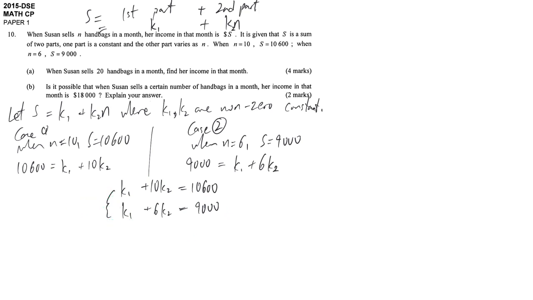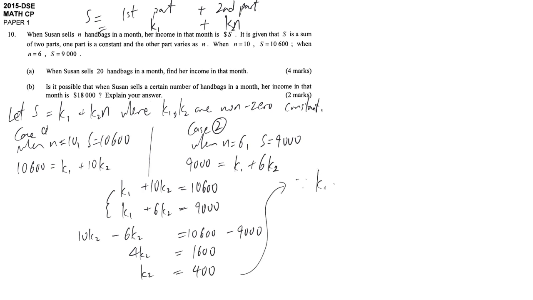We have k1 and k1, so by subtraction, k1 will become 0 and disappear. Only k2 is left. So if we do so, 10k2 minus 6k2 is equal to 10,600 minus the right hand side 9,000. Both sides divided by 4, k2 is equal to 400.